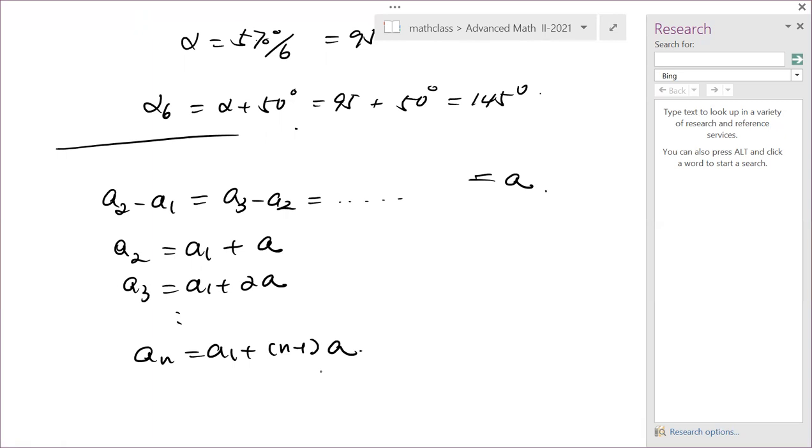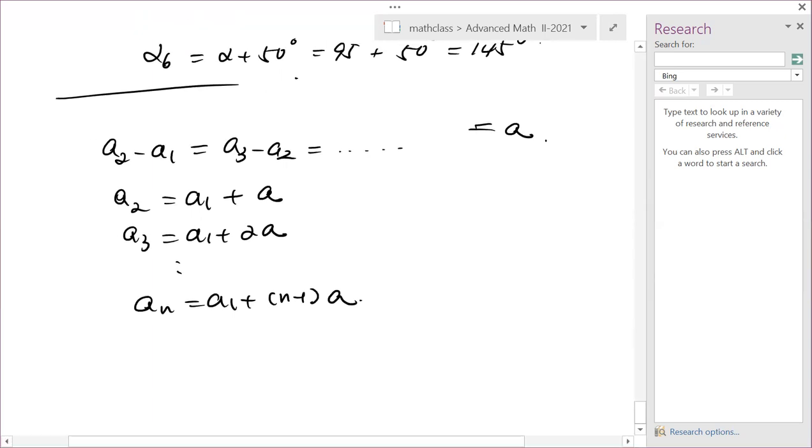You can also find the sum of all those terms. What is the sum A1 plus A2 all the way to A_n? Adding the A1 parts together, with n terms, you get n times A1.